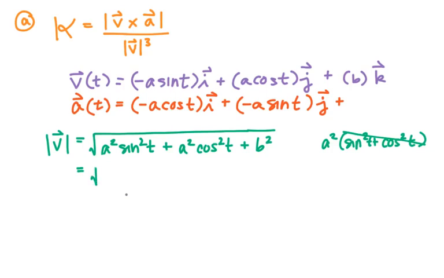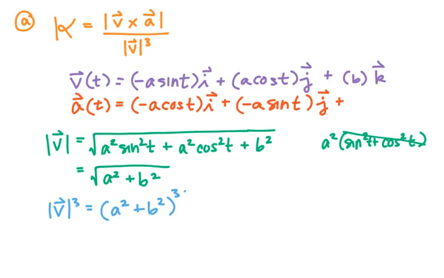So that leaves me with the square root of a squared plus b squared. I'm going to need that magnitude cubed, so the magnitude of v cubed, that's to the 1/2 power. I'll just write this as a squared plus b squared to the 3/2 power.